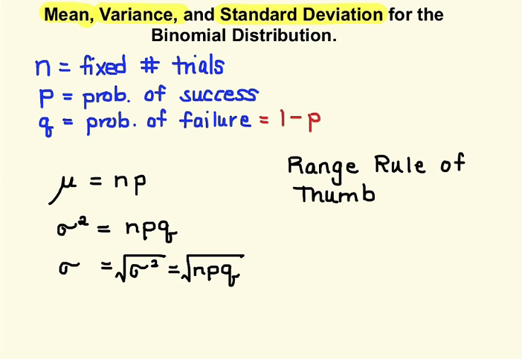Mu is our mean, and also considered the average or expected value. But it could be a little more than or a little less than the mean or expected value. And the range rule of thumb tells us that it would depend on the standard deviation.